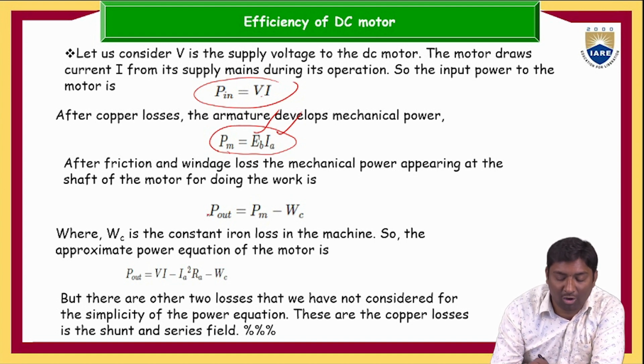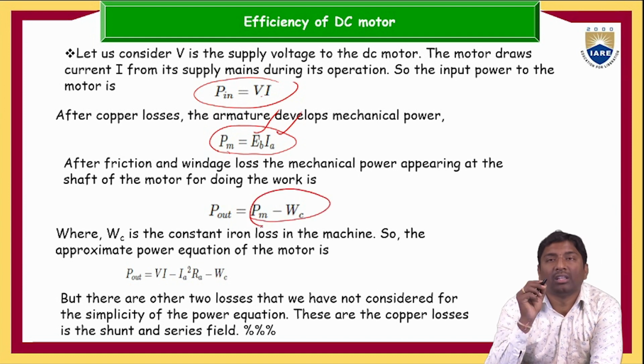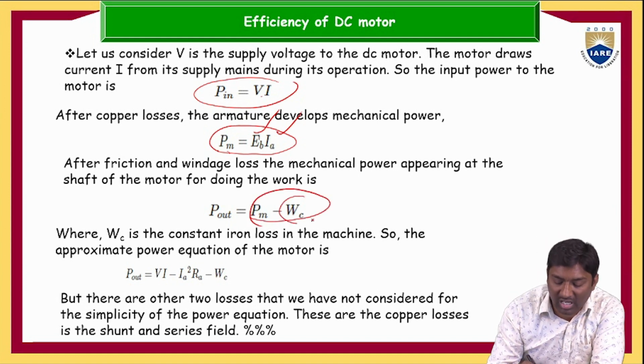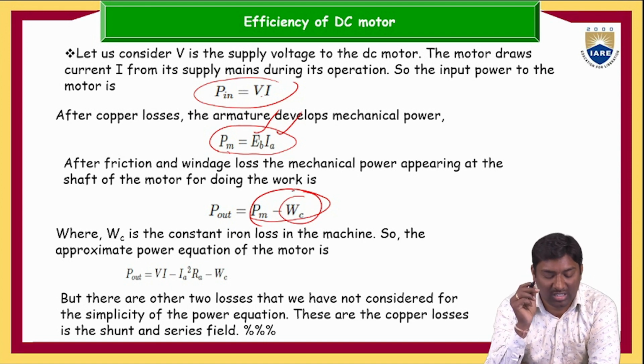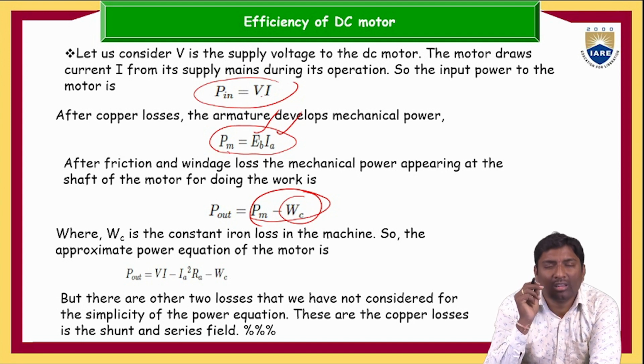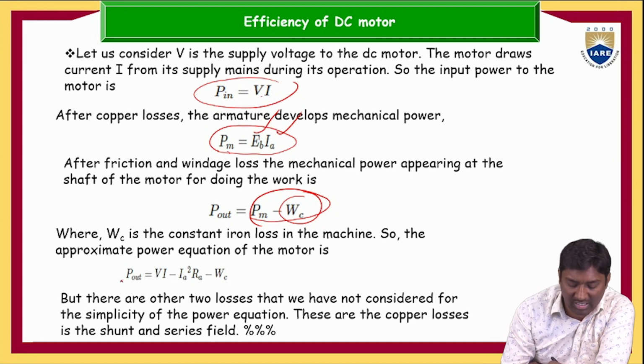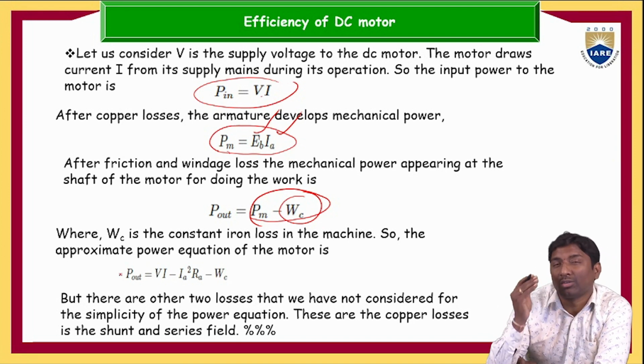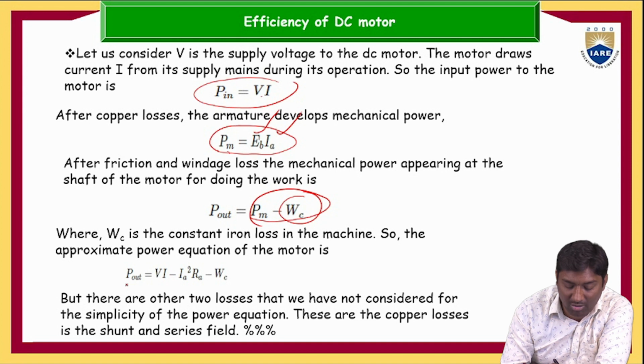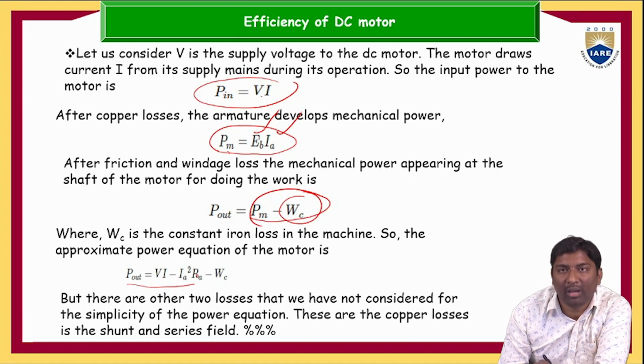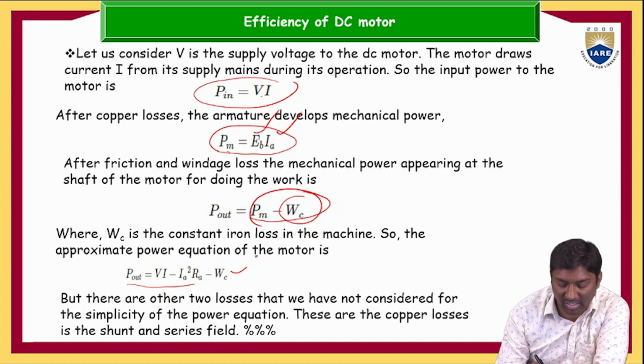The output power is equal to the mechanical power minus Wc, where Wc is the constant iron losses in the machine. So the approximate power equation of the DC motor is: output power is equal to VI minus Ia square into Ra minus Wc.